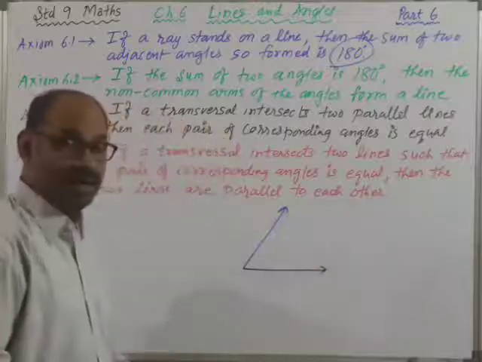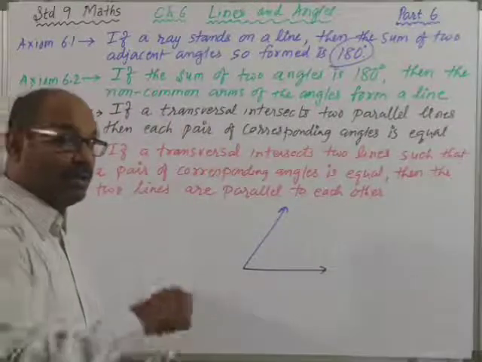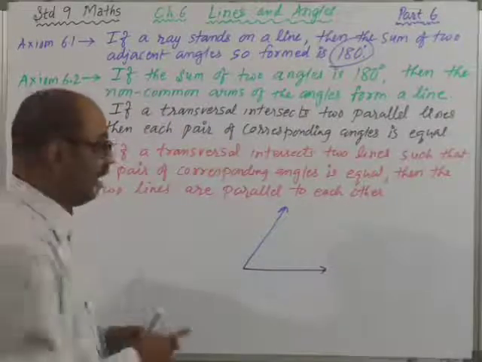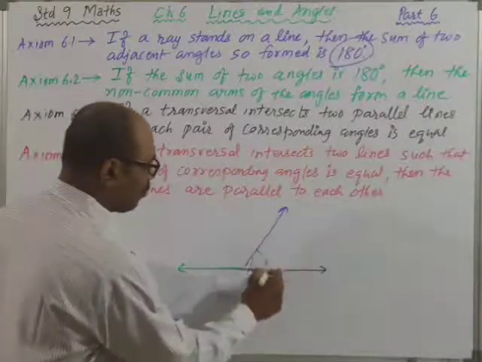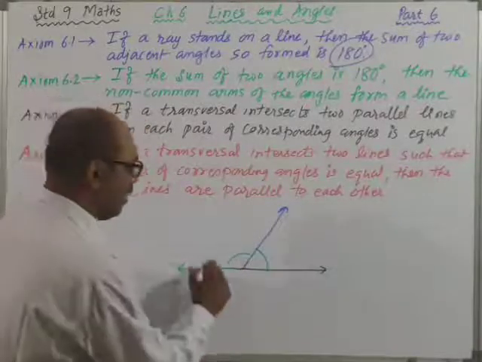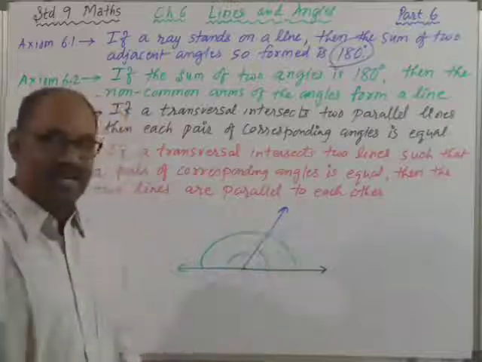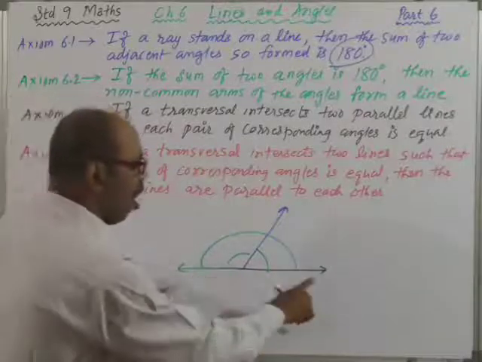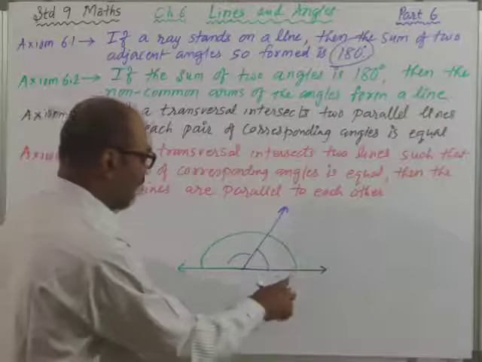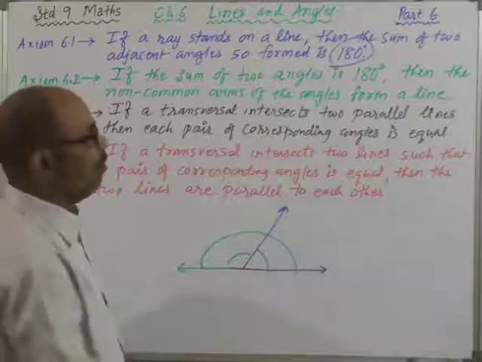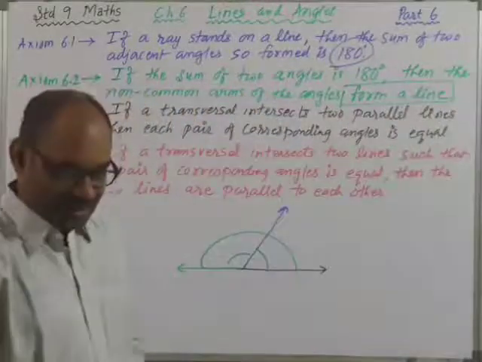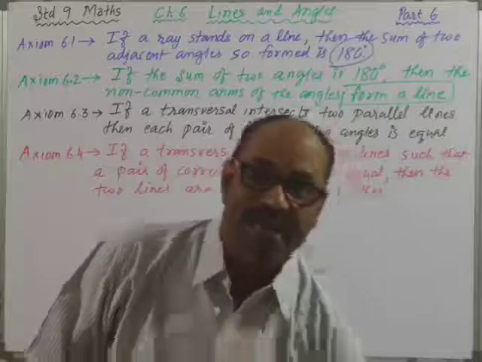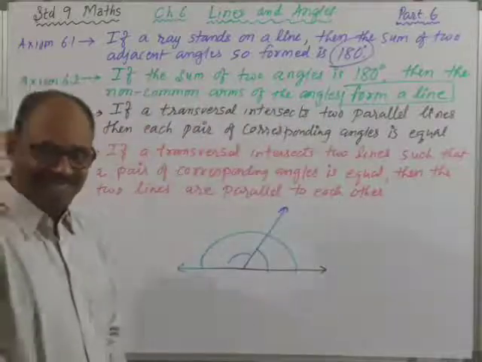This is one angle, and the total measure of the adjacent angles is 180. So this is the other arm. These two angles are adjacent and the total measure is 180, so the non-common arms, the black and green, form a line. That is the statement of Axiom 6.2.